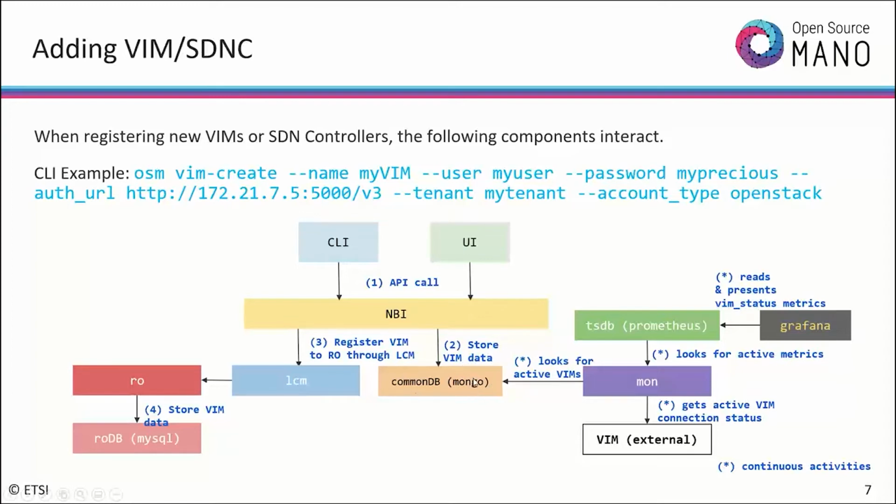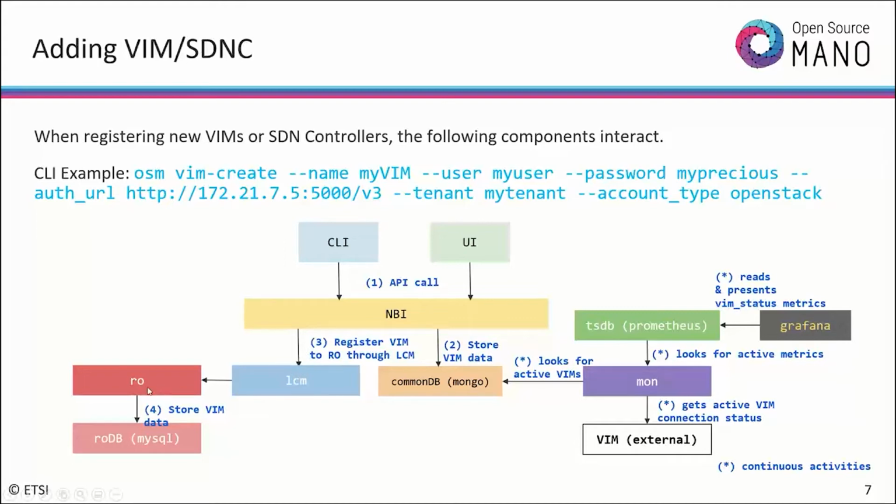All this information will be stored in the common database, in Mongo, and then we will publish a message through Kafka that says, please register this VIM.